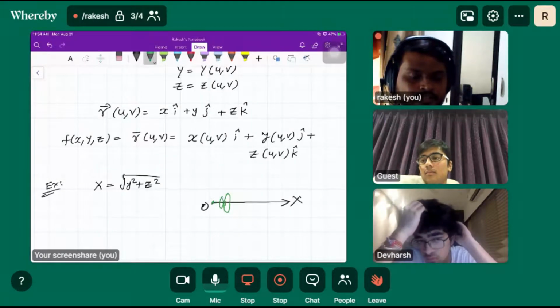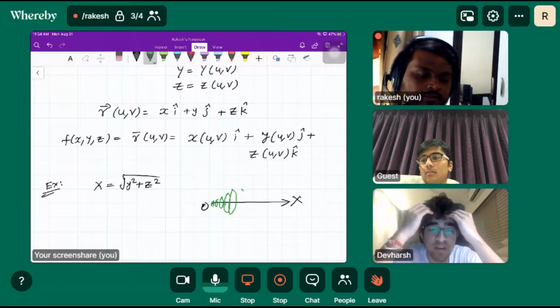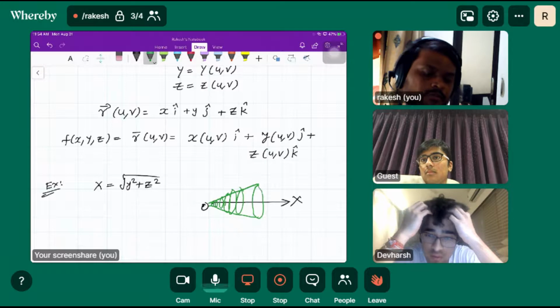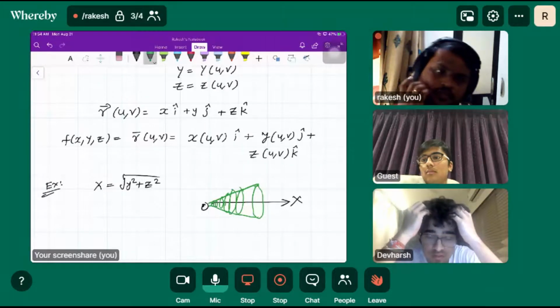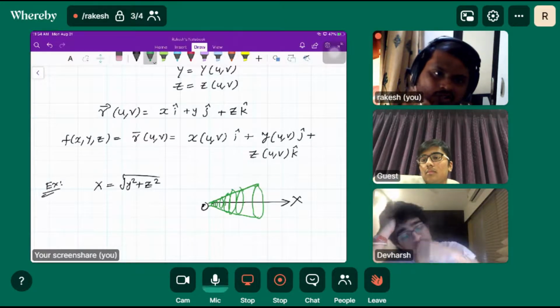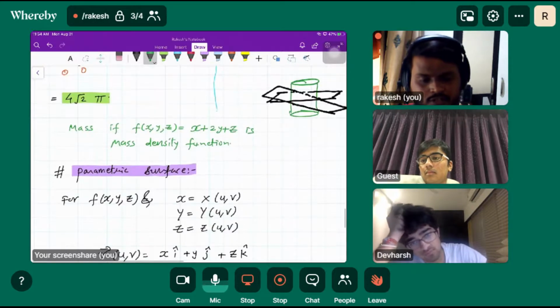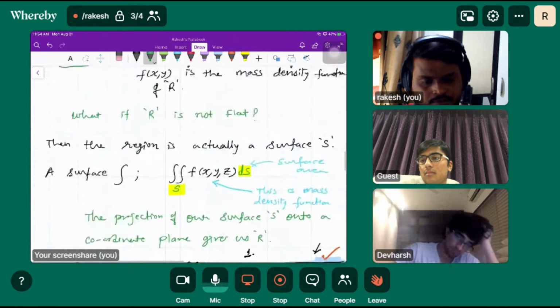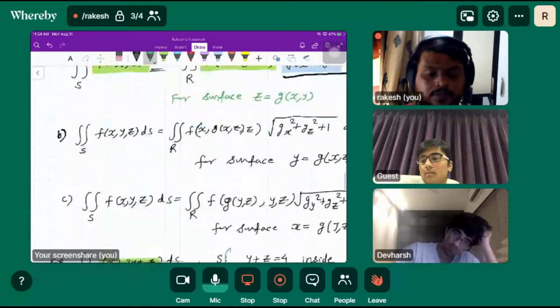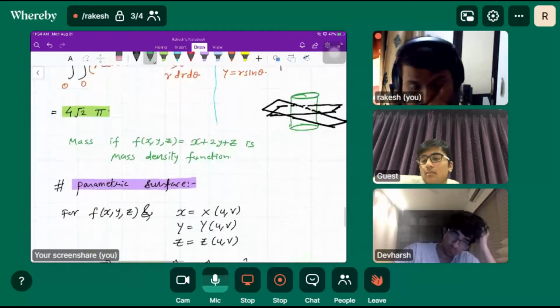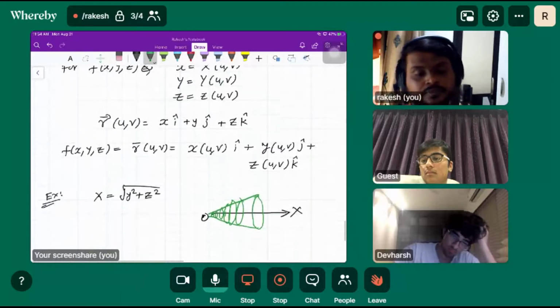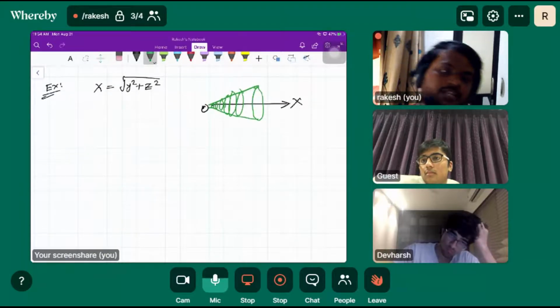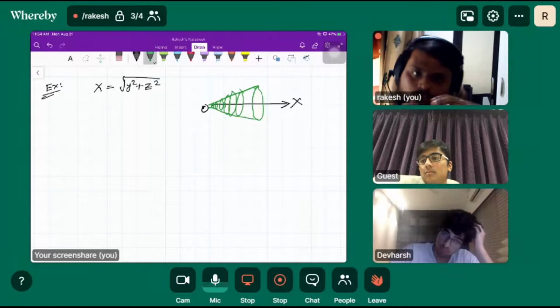So it's a cone. x is equal to root of y square plus z square represents a cone. You don't know the height of that cone.